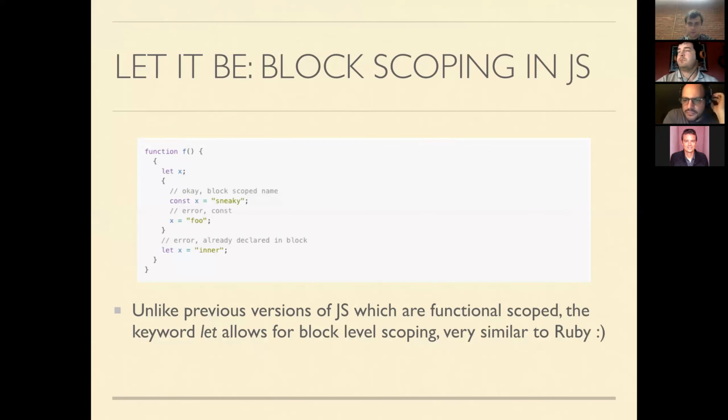So another really nice thing is JavaScript can be really weird and stubborn in the sense that it doesn't follow the standards of a lot of other coding languages. Where languages like Ruby have scoping in blocks, JavaScript until ECMA 6 did not have scoping in blocks. It had functional scoping.